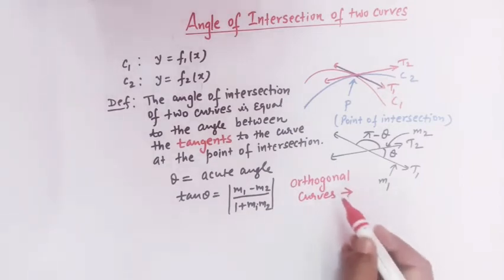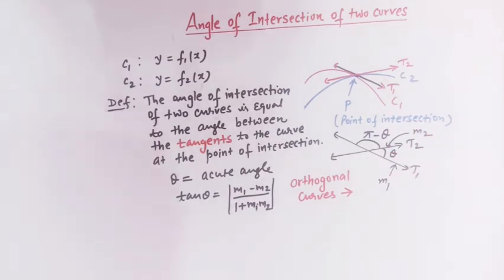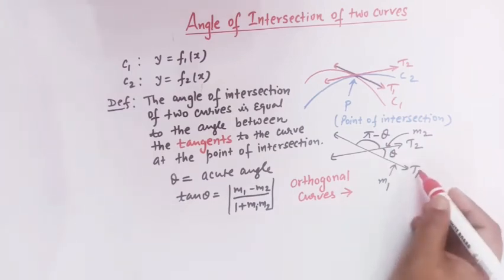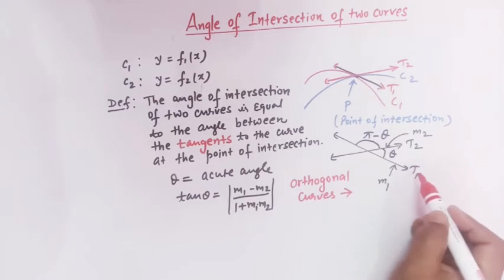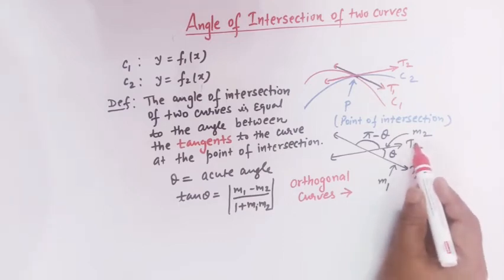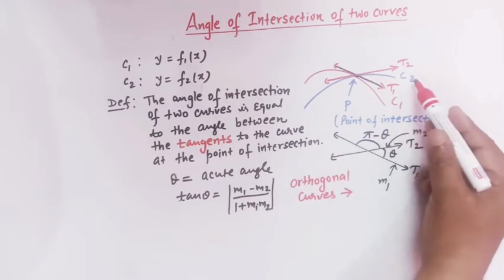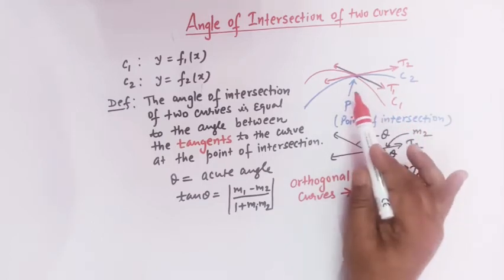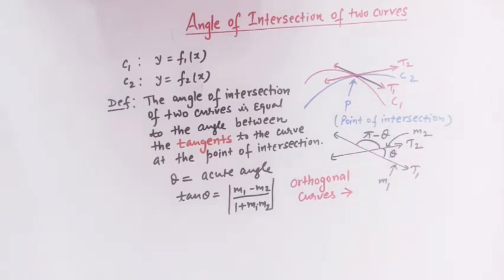Now let us see the concept of orthogonal curves. Now two curves C1 and C2 are said to be orthogonal curves if the angle between the tangents T1 and T2 to the curves C1 and C2 at the point of intersection P is 90 degree, right?